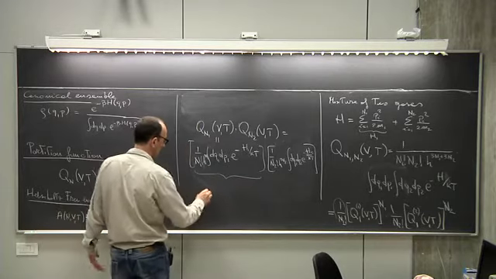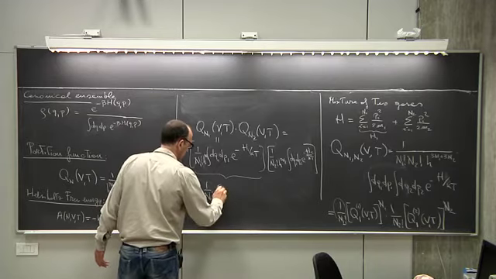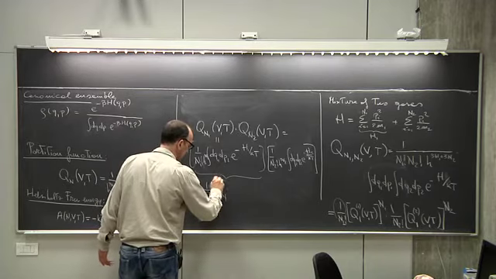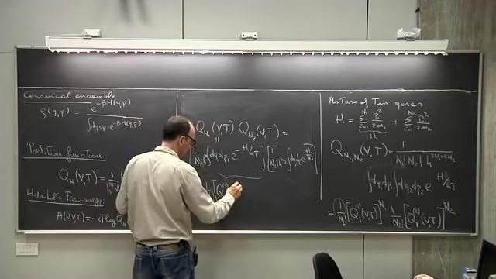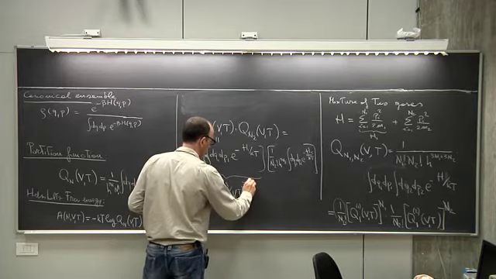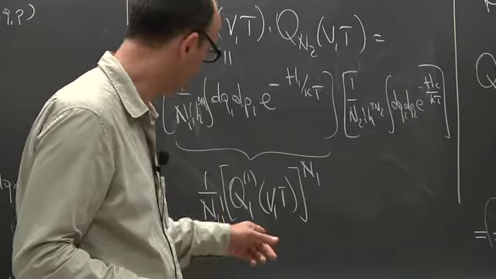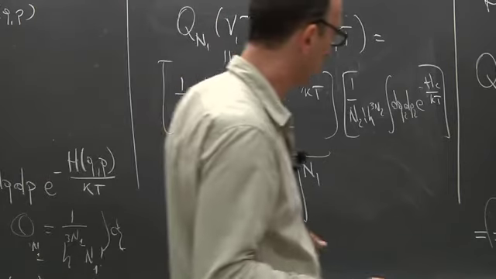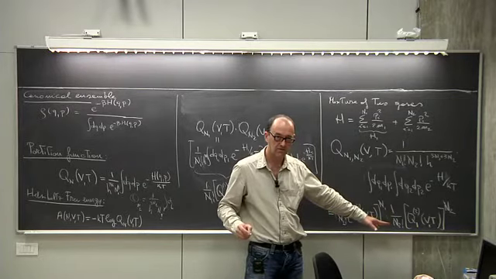Now this, just because of the calculation, is 1 over N1 factorial times a q of one single system. Let me call it q1 of one single particle in volume V at temperature T, to the power N1. One single particle. And then this is exactly equal to this.